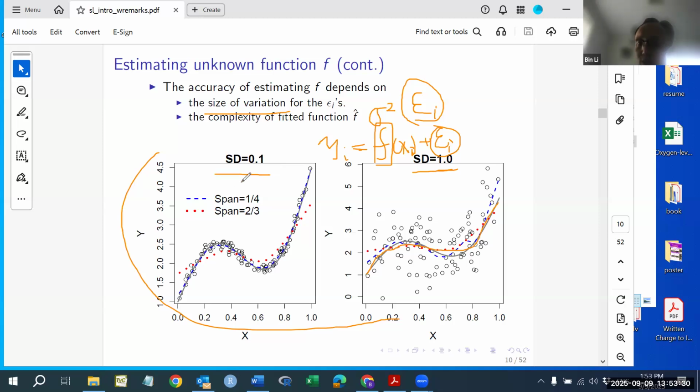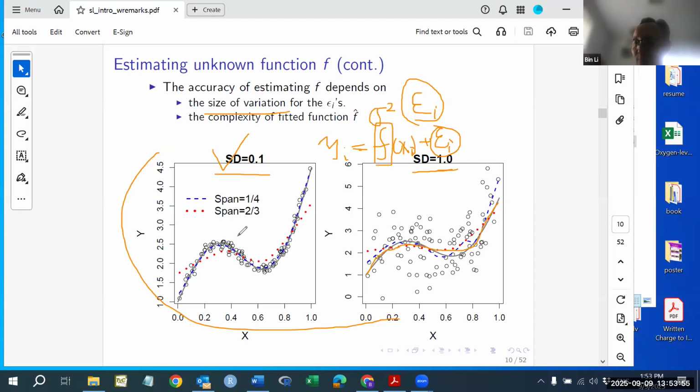Okay, so which one has high data quality? High data quality means less noise, right? So you can see this one has higher quality. Why? Because in this case, the data has less noise.